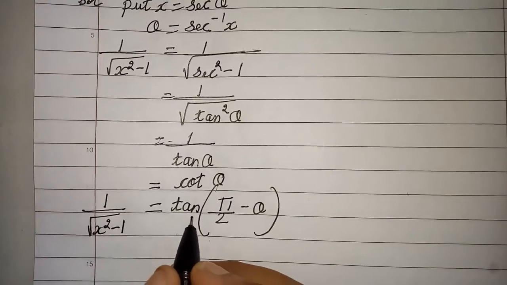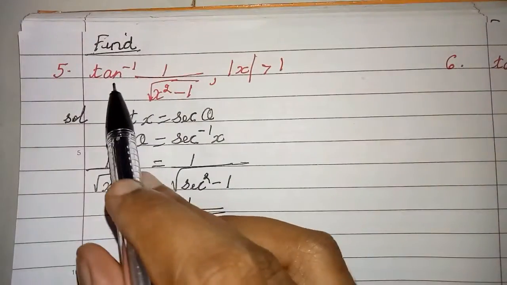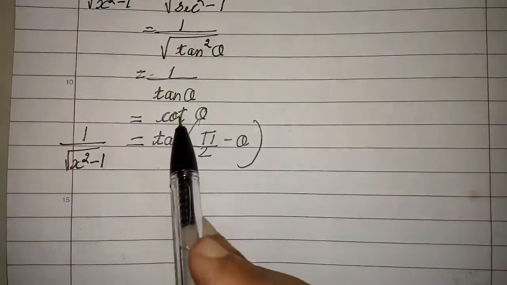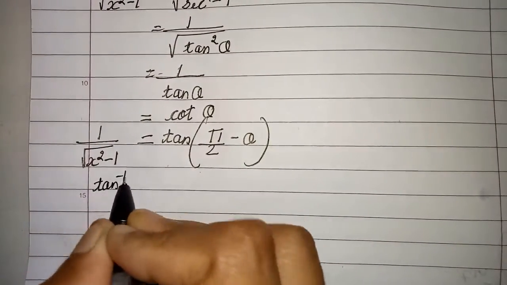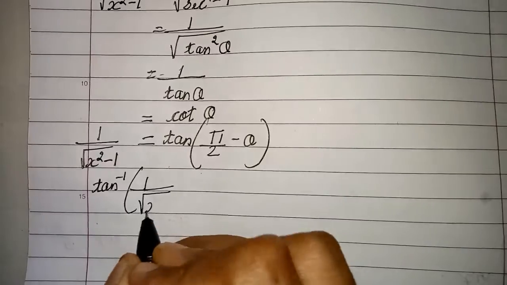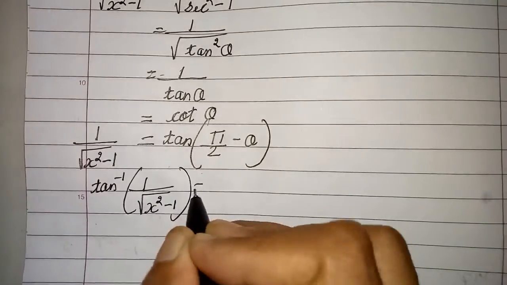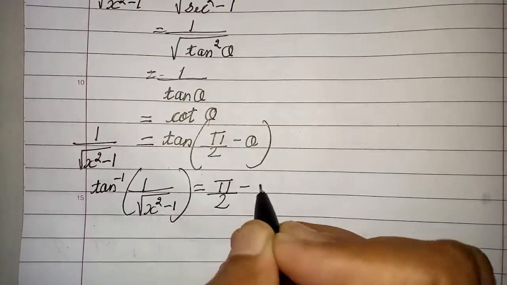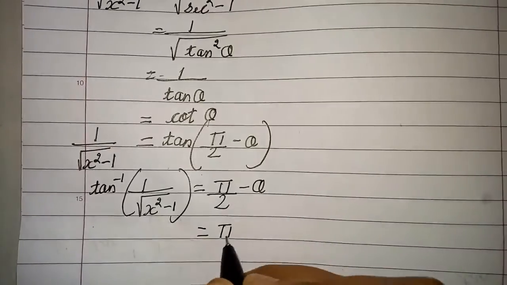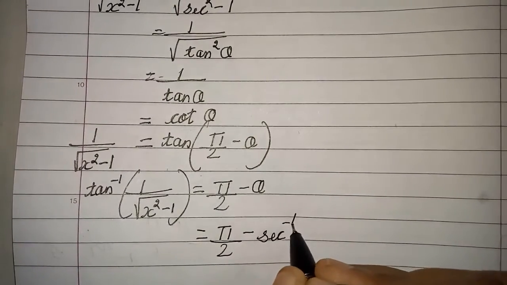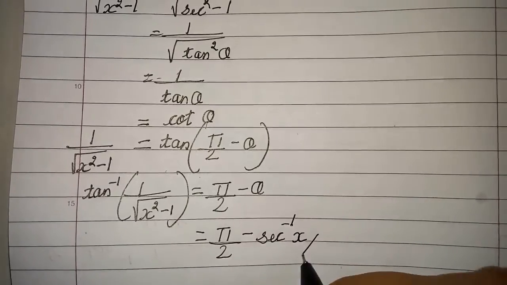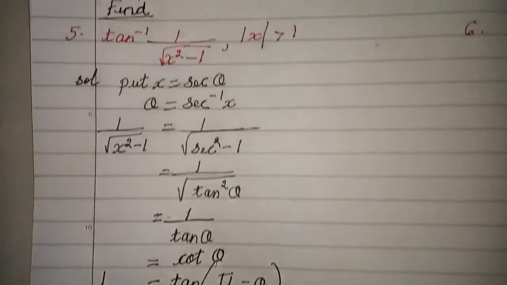Because I wanted the answer to be tan. In the question it is tan, right? So I found a relation for cot and tan. Now tan will go this side, so it will be tan inverse of 1 upon square root of x square minus 1 is pi by 2 minus theta, but pi by 2 minus theta is nothing but pi by 2 minus sec inverse of x. So this is my simplification of this value.